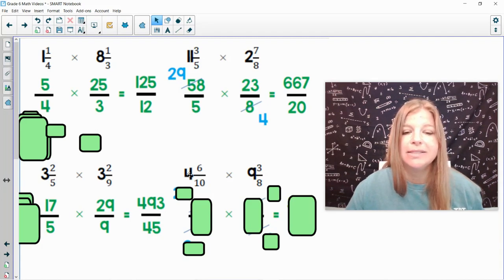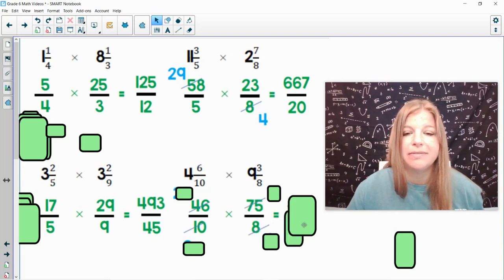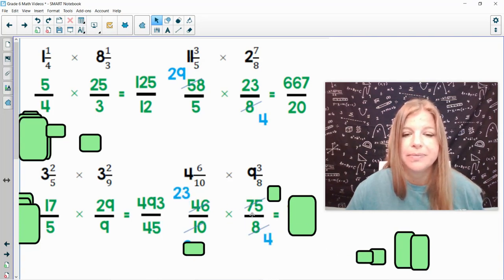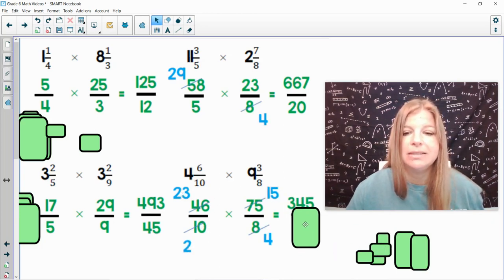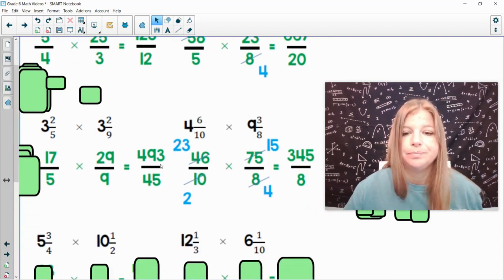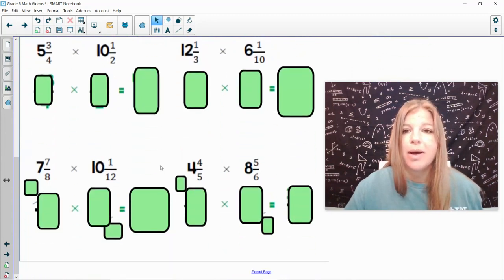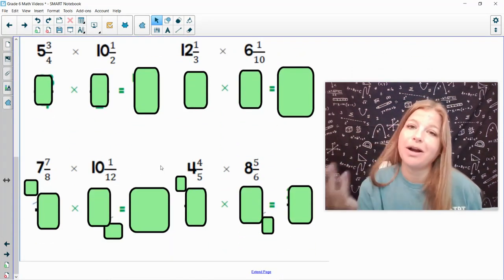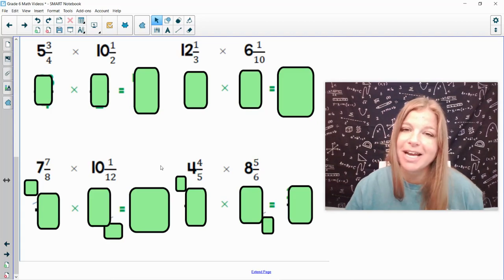Last one. 10 times 4 is 40, plus 6 is 46/10. 8 times 9 is 72, plus 3 is 75/8. 46 and 8 divide by 2, which would give us 23/4. 75 and 10 divide by 5, which would give us 15 over 2. 23 times 15 is 345, and 2 times 4 is 8. So go ahead and pause so you can try out these last 4 on your own, and then press play when you're ready to check.